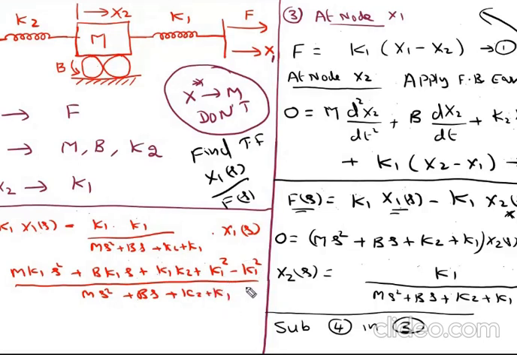Now these two will be into X1 of s. Now the final answer will be X1 of s divided by F of s.